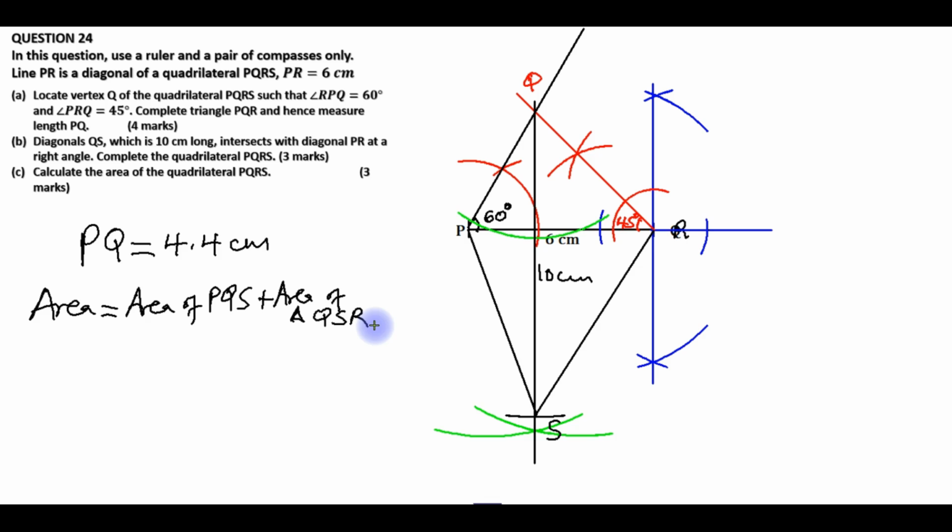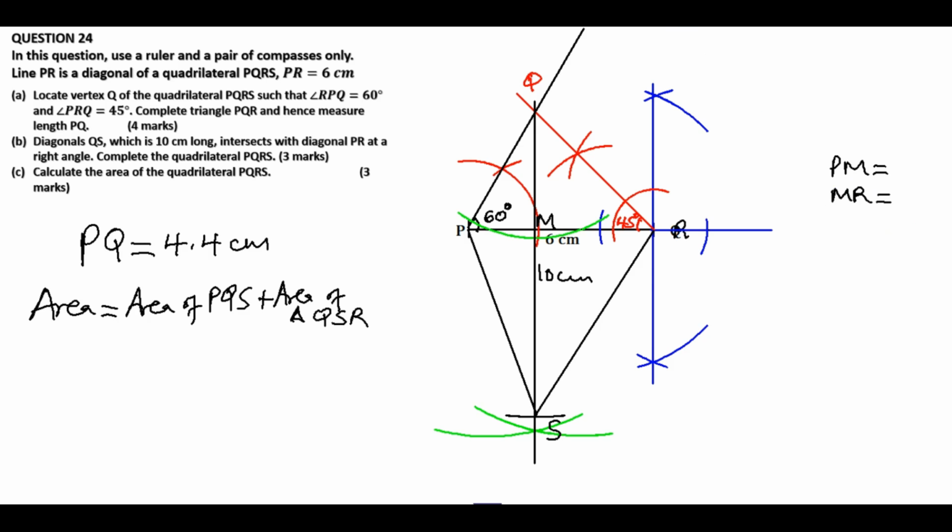So that is in order. So the only thing we need to know from the perpendicular bisector QS, let us say it is cutting PR at M. So what will PM be? So the value of PM and also the value of MR will be what?